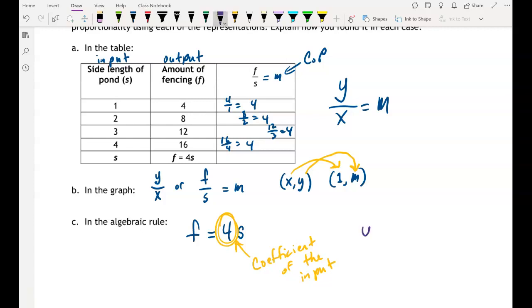And we've been using y equals mx, that's the coefficient of the input. All right.